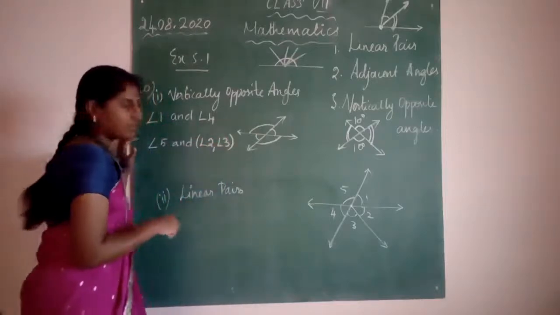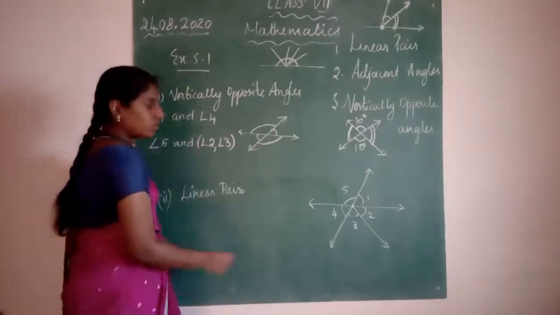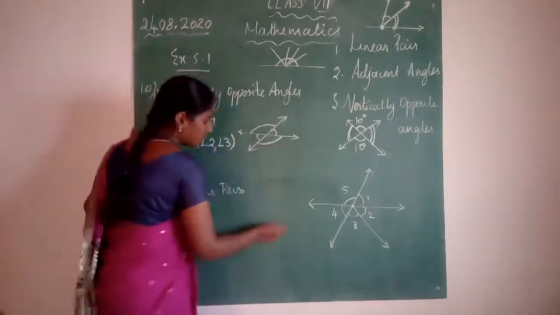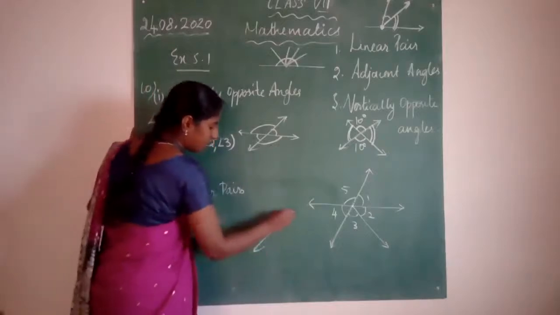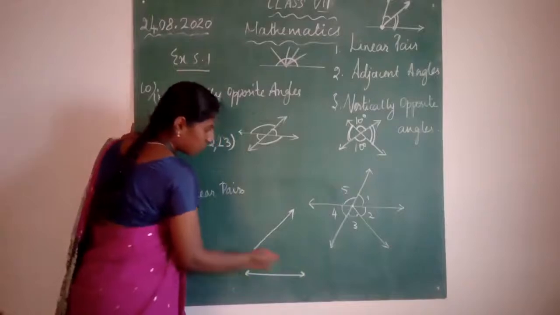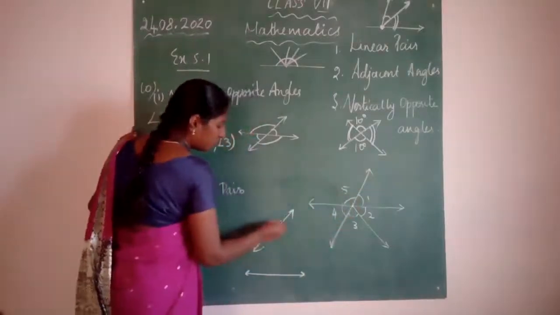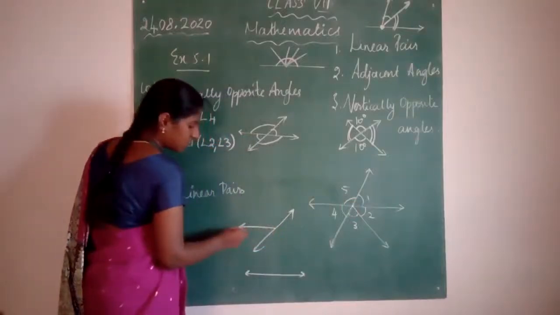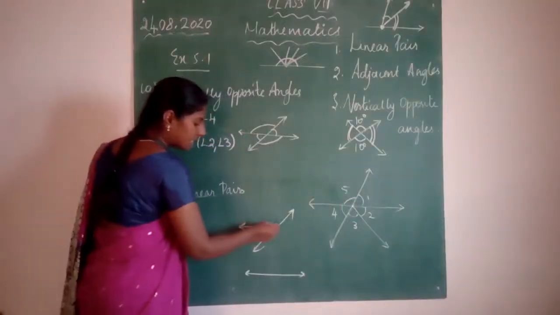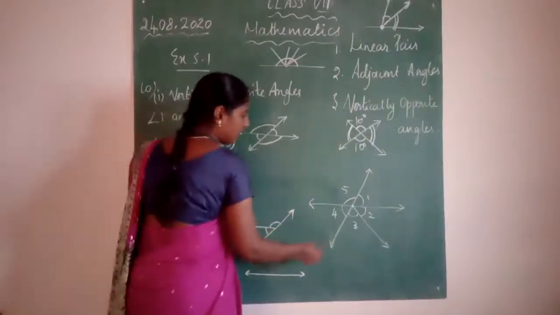Here we have two straight lines. One is like this, and the other is like this. In this line you have a ray like this, and you have an angle here and an angle here.